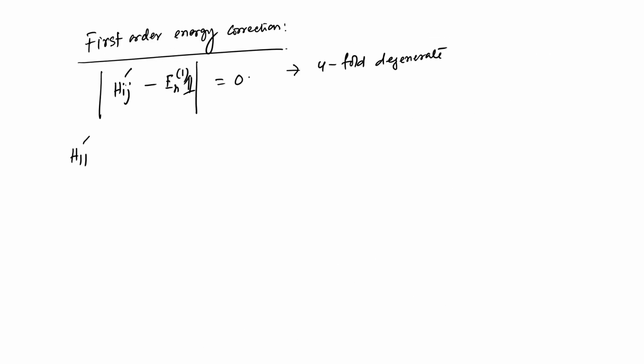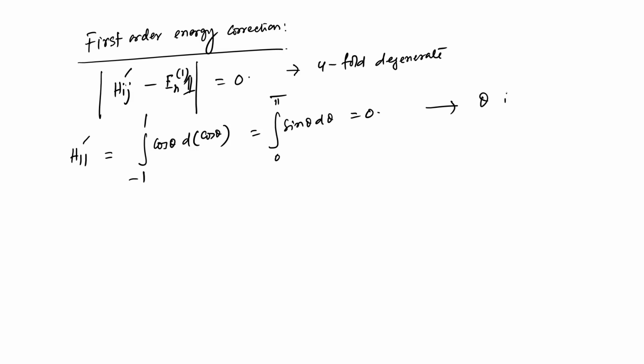Okay, so, H11 prime will be 0 because you have cosine theta d of cosine theta, from minus 1 to plus 1, which is the same as sine theta d theta from 0 to pi, this is equal to 0 and so on. So, only the theta integral gives 0.